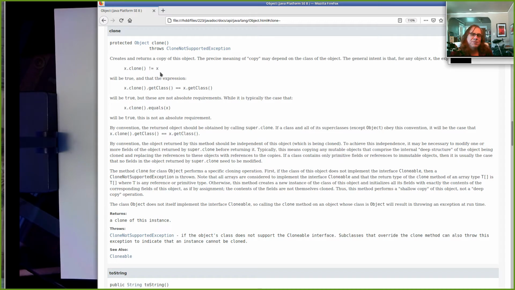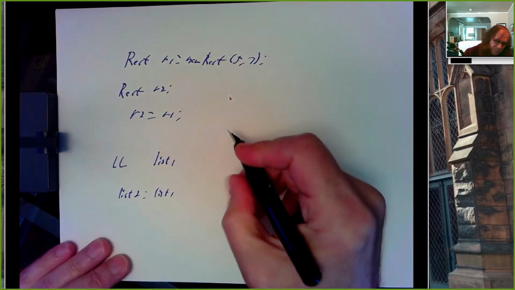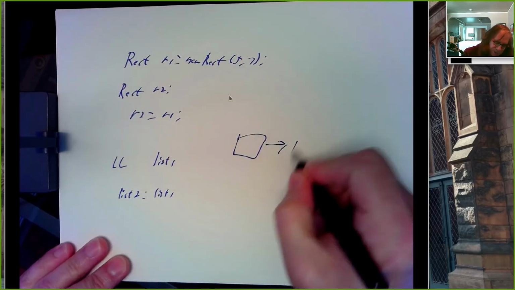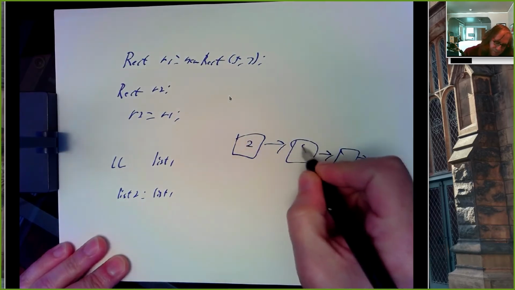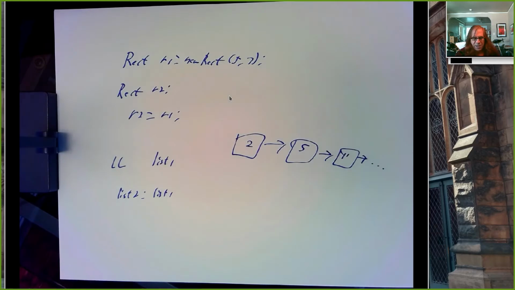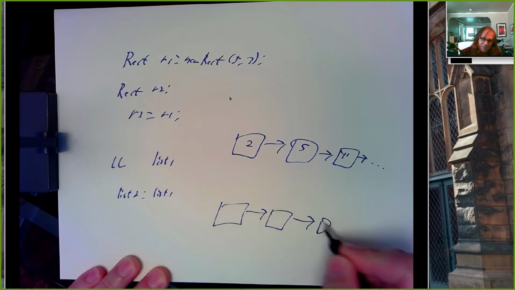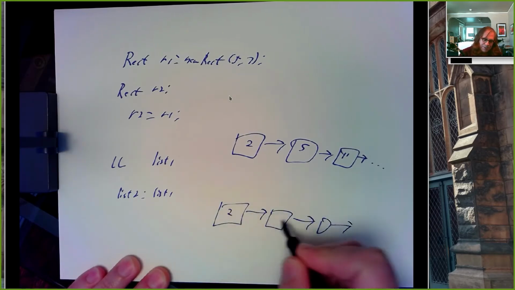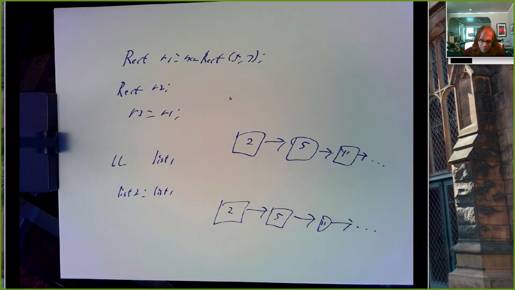But there's this notion of deep copy versus shallow copy. And if you think about a linked list, it's a bunch of boxes with arrows. And if we wanted to make a copy of this list, what we'd like to end up with is a new set of boxes, a new set of arrows, with the same values inside each box.